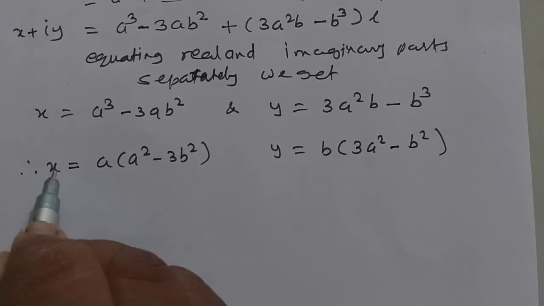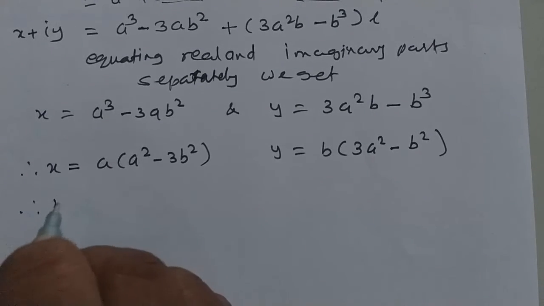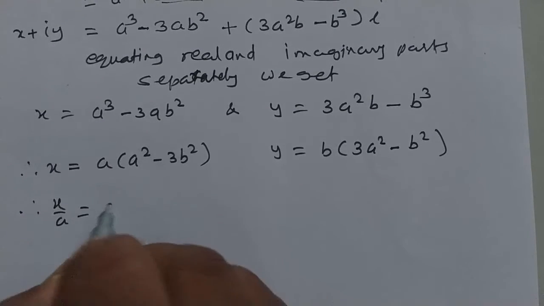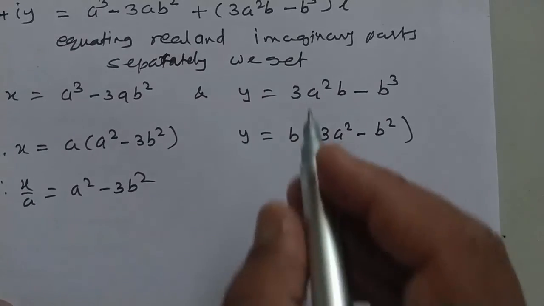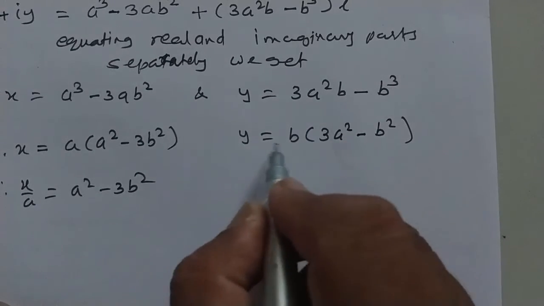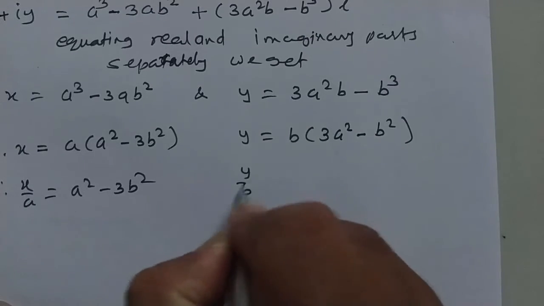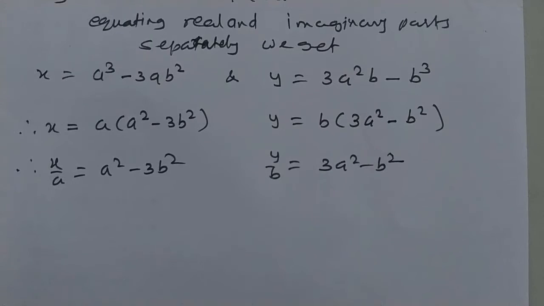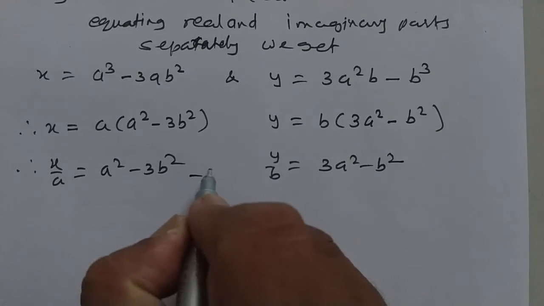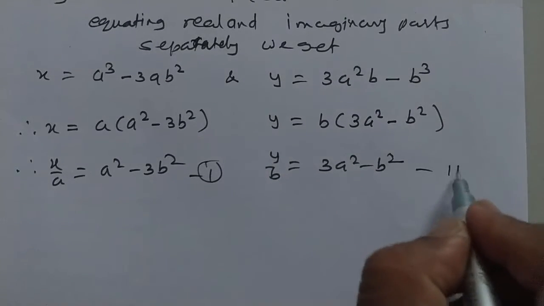Now dividing by a throughout this equation, we get x upon a is equal to a squared minus 3b squared, and dividing by b throughout we get y upon b is equal to 3a squared minus b squared. Now this is equation number 1 and this is equation number 2.